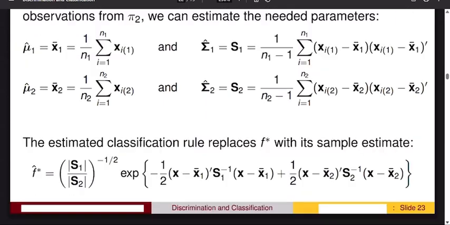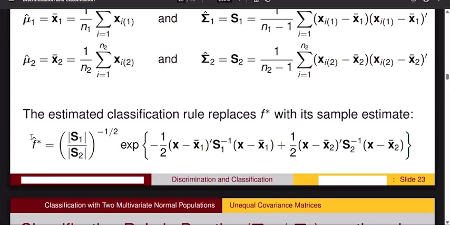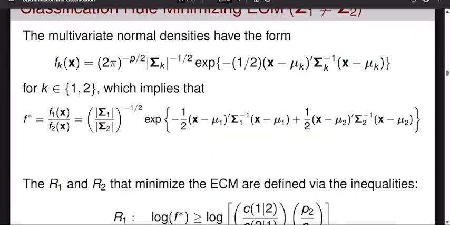At the end of the day, you can see a cap on that. The estimated F is going to be this guy here, the sample estimate version of what we have here.